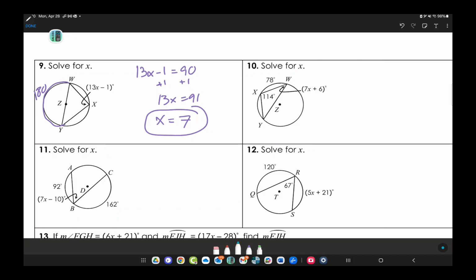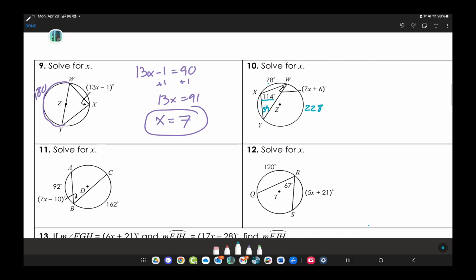There's two ways we could do this. One, since this is 114 degrees, we can double that to get 228 degrees, and then find out what's left inside the circle for the remaining arc, and set half of that equal to 7x plus 6. Or, since this is 78, we could halve that to get 39, and then find out what's left in that triangle.